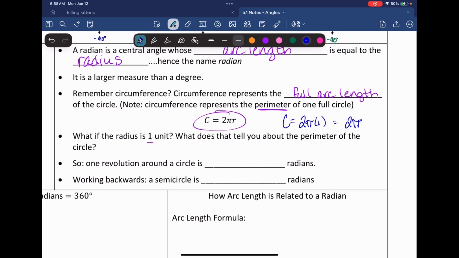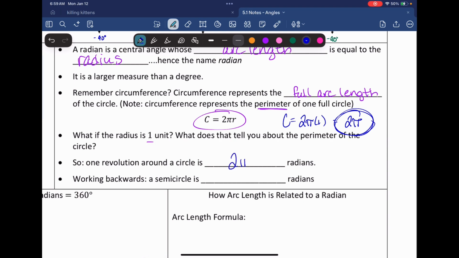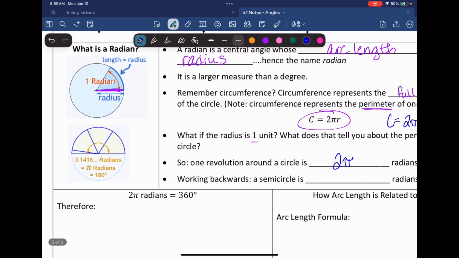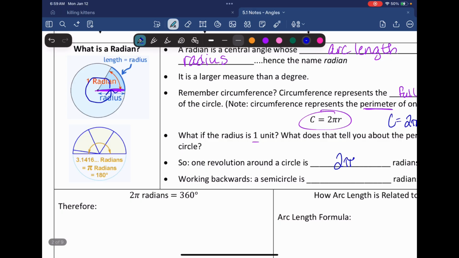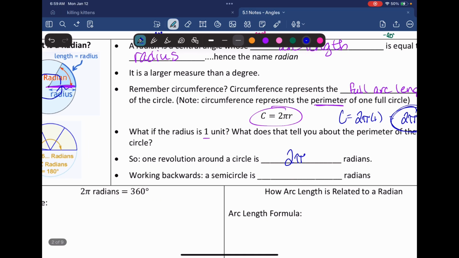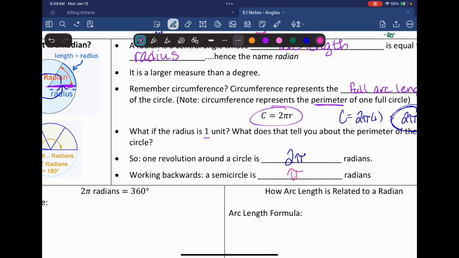So it means 1 full rotation is 2 pi radians. So 1 full rotation all the way around is 2 pi radians. What would half a rotation be? Well, that would be pi radians.